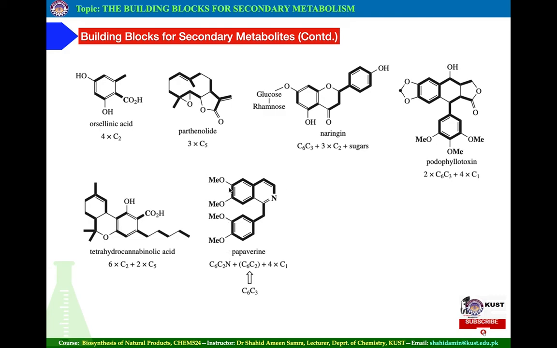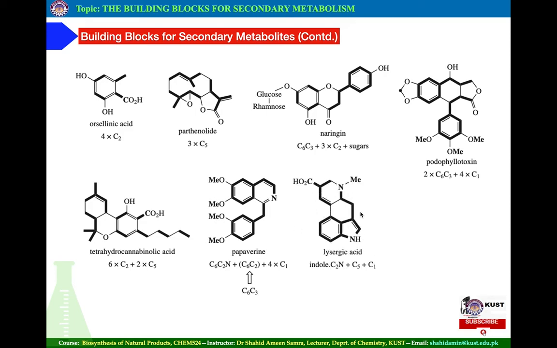Similarly, in case of this molecule, papaverine, we have 1 C6C2N unit that we can identify here. Then we have a C6C2 unit that is here. Actually, it's formed from a C6C3 unit, along with 4 C1 units that are present in the form of these methyl groups of the methoxy.